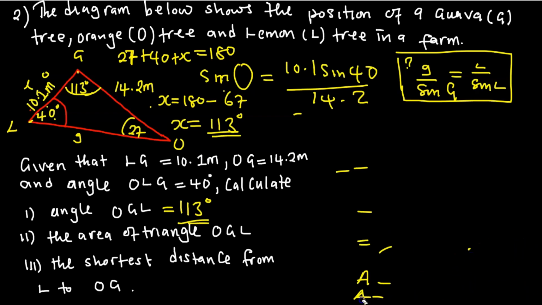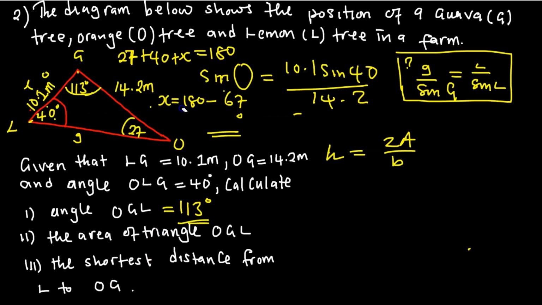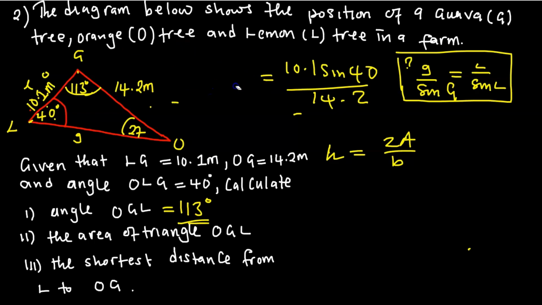How do you find the shortest distance? So for a shortest distance, the formula we said is height is equals to 2a over b. Now listen, the shortest distance from L to OG. So they are talking about from L to OG. Okay, so where do we draw our line? So from L to OG. So this is the height that we are finding.